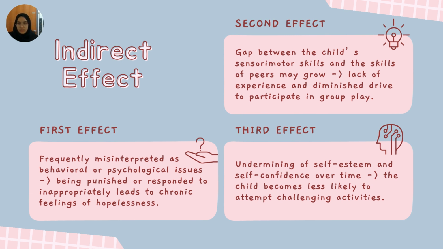Instead, the child may develop a feeling of helplessness. The child becomes less likely to attempt challenging activities because they know they cannot do this, they cannot do that, they cannot do what their peers are doing, so they feel very left behind. In terms of social life, they want to get along, but as a result of their differences and their issues, this will impact their social life overall.